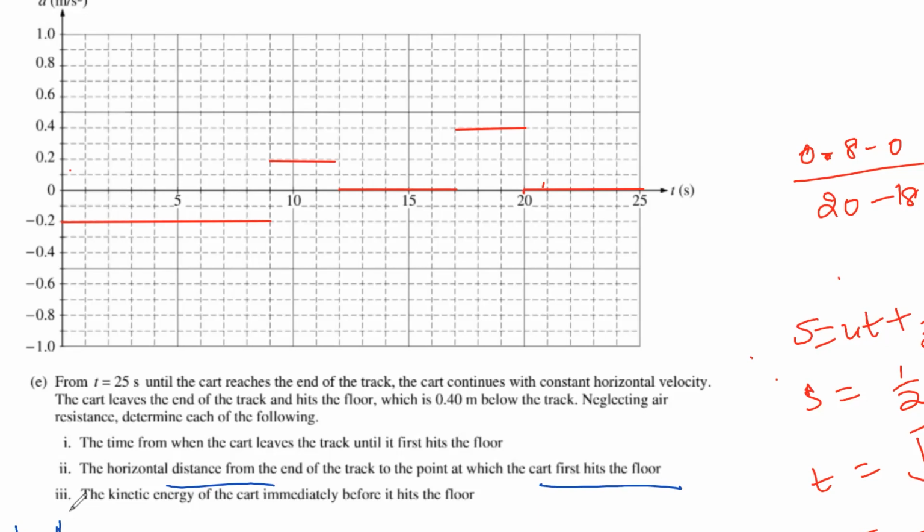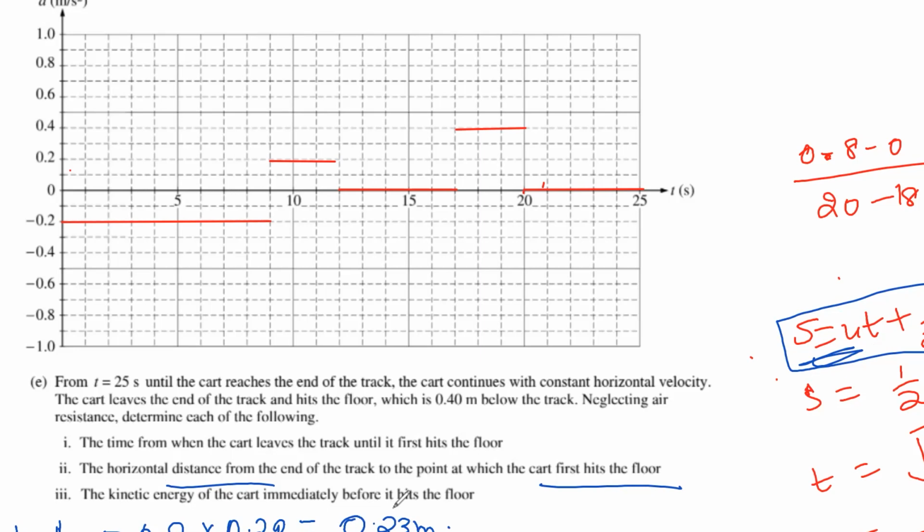Horizontal motion is a uniform motion, so its acceleration will be 0. So I'm using the same equation, this becomes 0, so it becomes x is equal to vx into t. Vx is given as the initial velocity, which was 0.8, and the time is 0.29. So after calculation, we will get the horizontal distance as 0.23 meter.